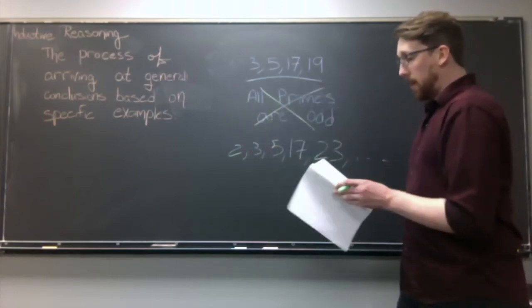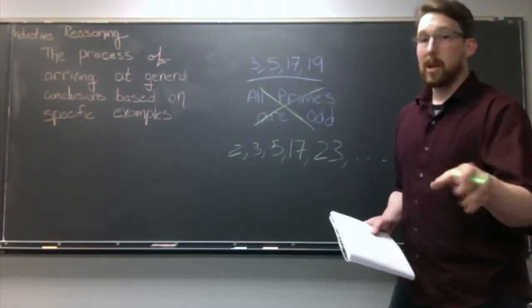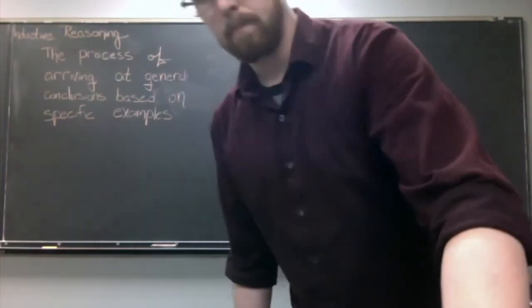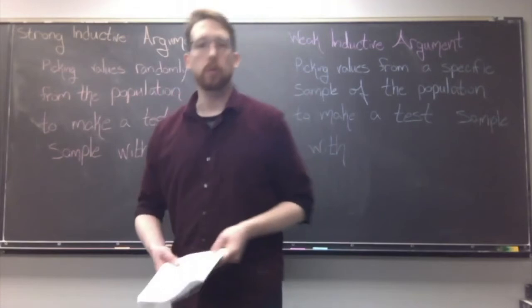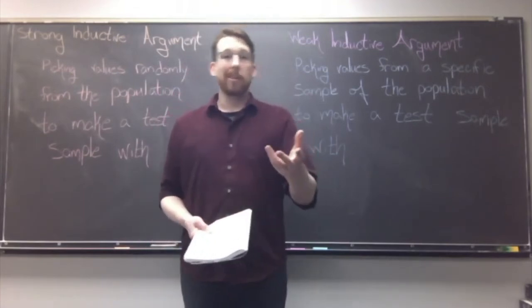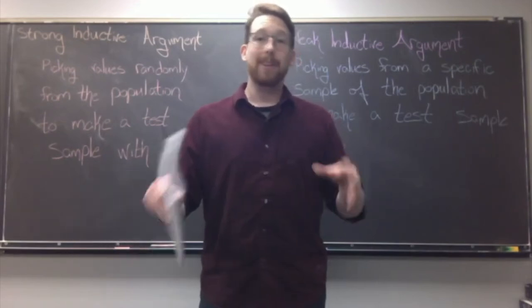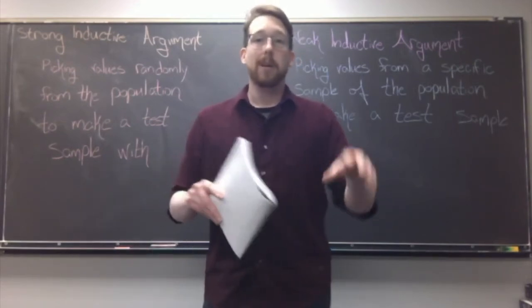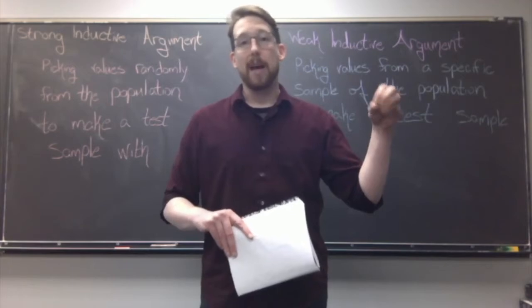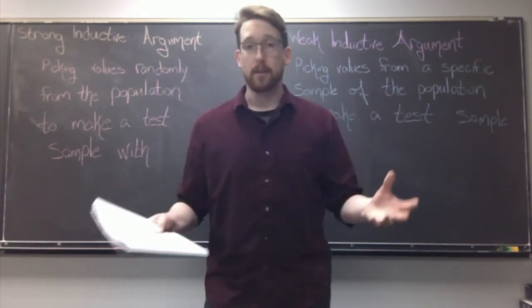Let's next look at the differences between strong and weak inductive reasoning. The key difference between the two is where we're pulling our samples out of to create our test with, right?